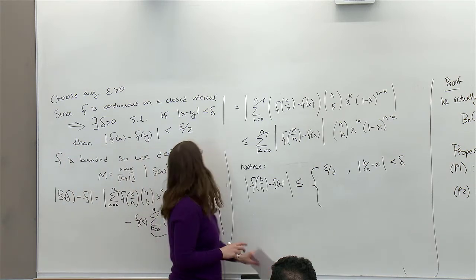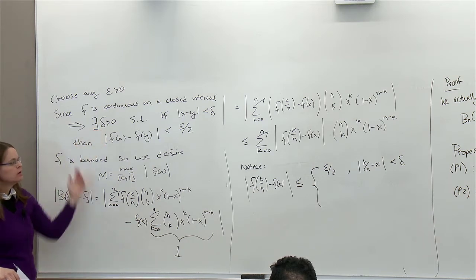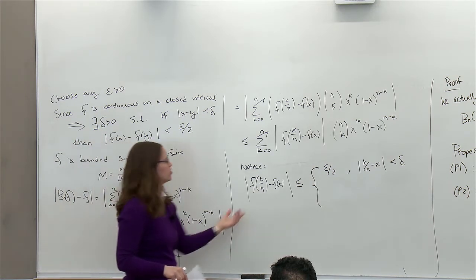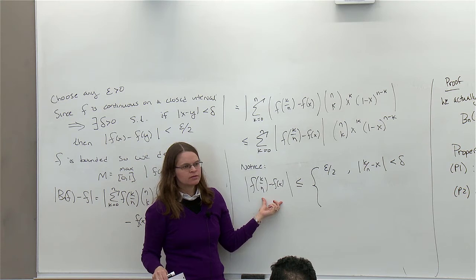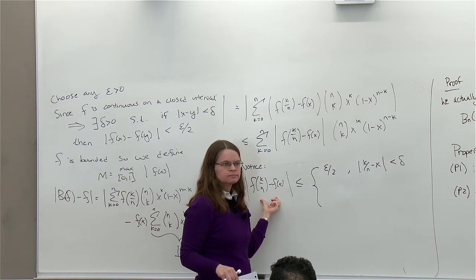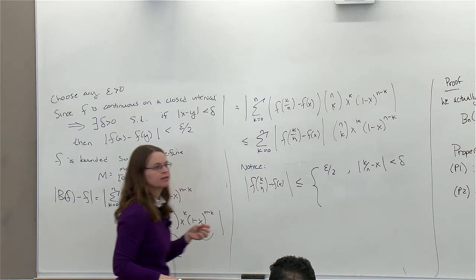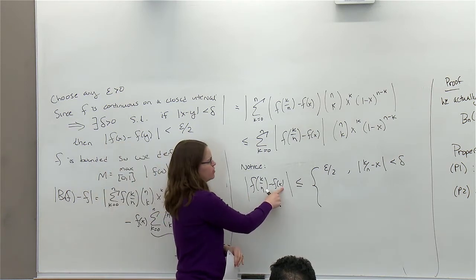Otherwise, if I'm outside the realm where this is a valid estimate, what's the best bound you can think of for this? M, almost, yeah. 2m, exactly. Right? So this could be m, and this could be minus m.